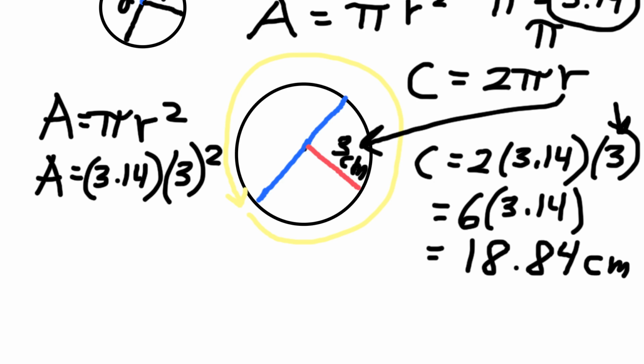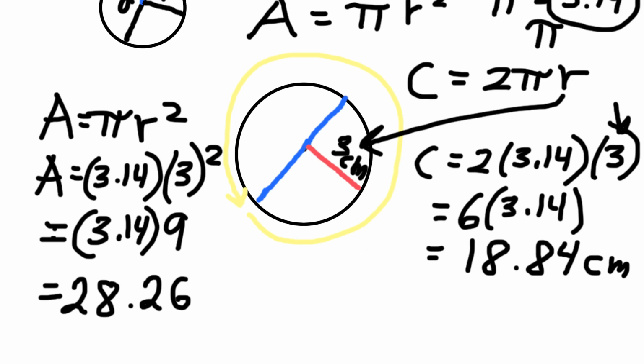So 3 squared, or 3 to the second power, is 9. So we've got 9 times 3.14, and that equals 28.26 what? Well, centimeters squared, because now we're talking about area. It'd be squares. And that's our answer.